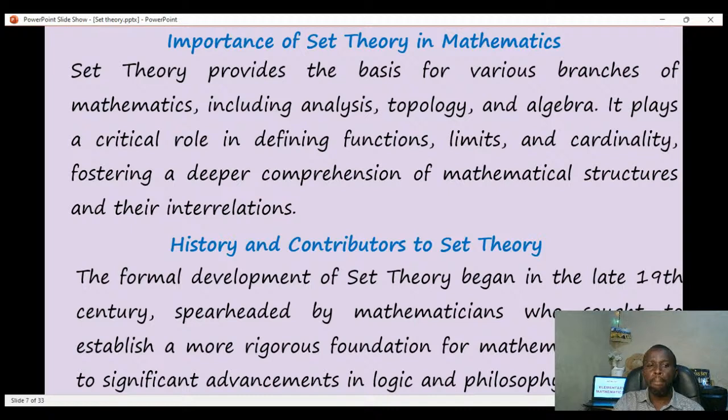All right. Now we talk about the history and the contributors to set theory. There are some mathematicians that spearheaded the contribution to set theory, so we're going to look at some of them.